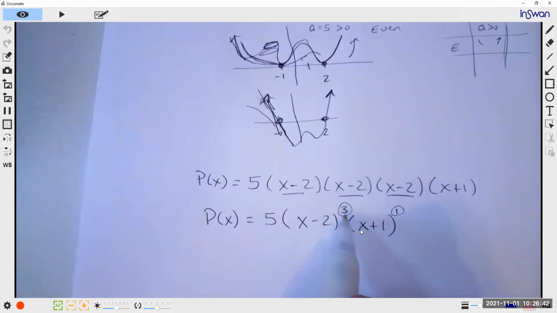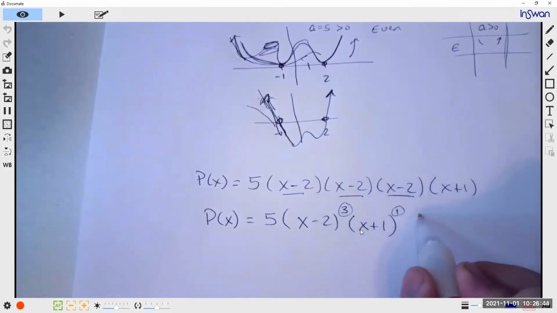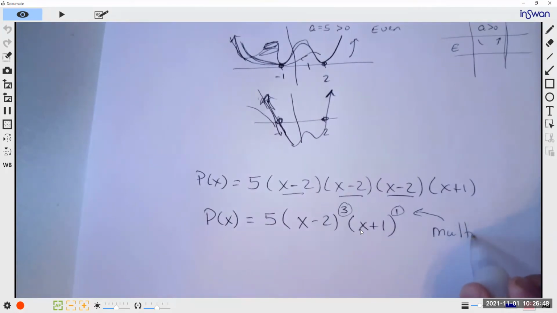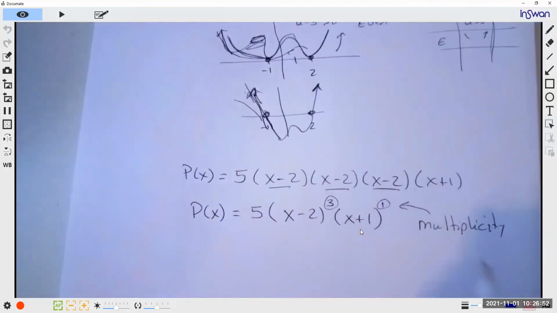Whenever you have the factored form and you have these exponents, they are called the multiplicity of the polynomial.